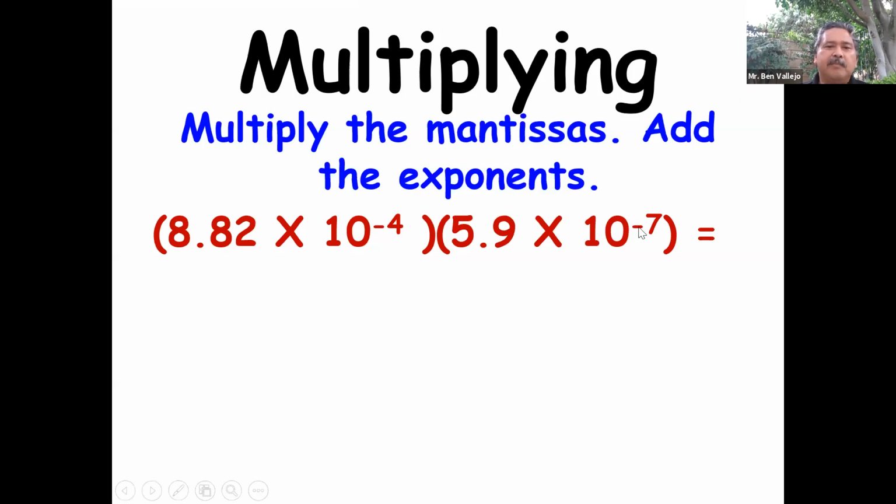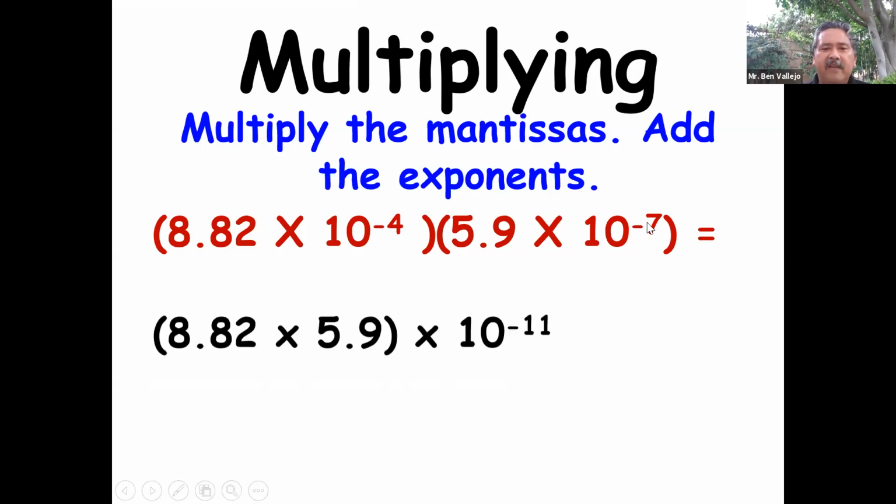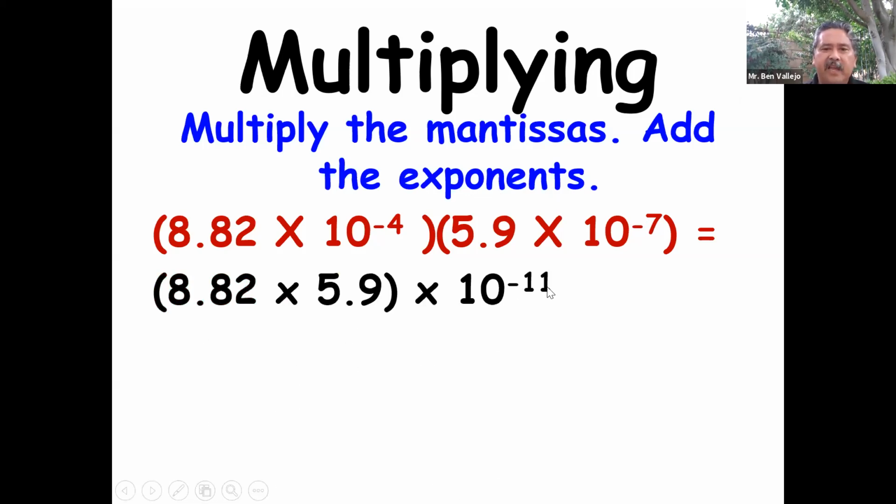But what you're going to do is multiply these numbers together, 8.82 and 5.9, and then add the exponents together. Remember, the x and the 10 are always going to be there. Taking the exponents, that's negative 4 plus negative 7, which is going to be negative 11. So that's how I got that negative 11 right there.